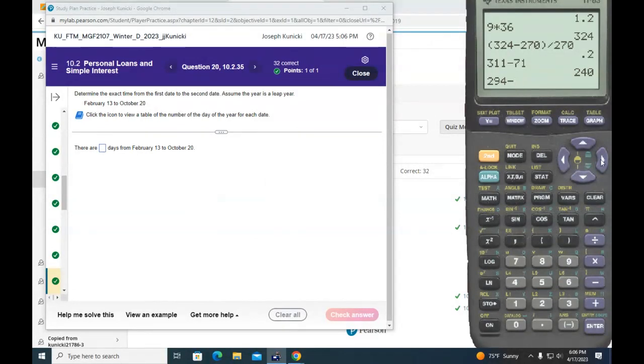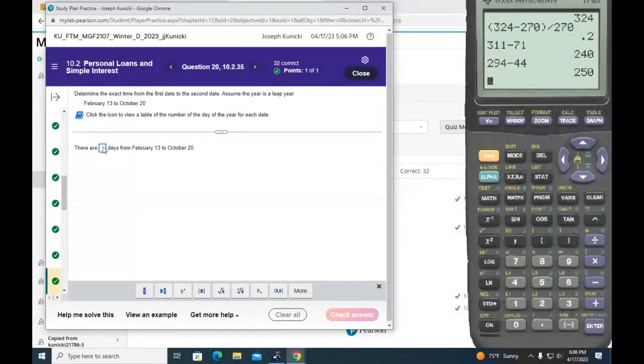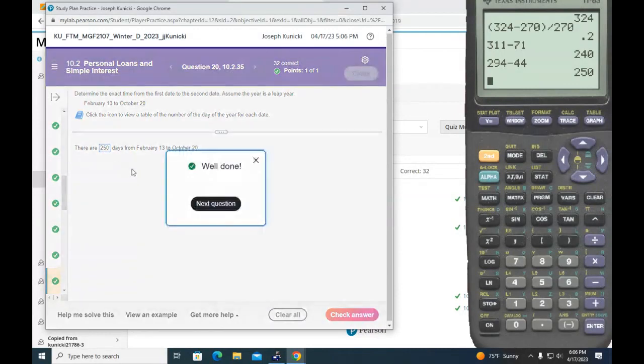But February 13th comes before, so that remains as 44. It doesn't come after the 29th, so it can't change. So this is one where February 29th is between them, but the only one that gets added is the one that's after February 29th. So 250 days. That would be the length of the loan, 250 days.